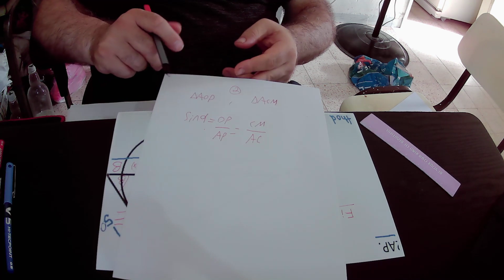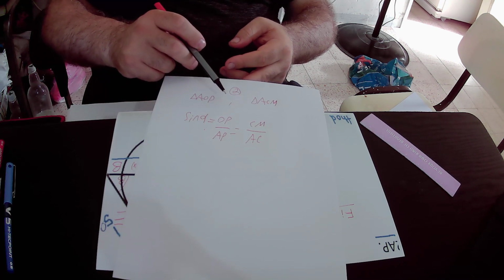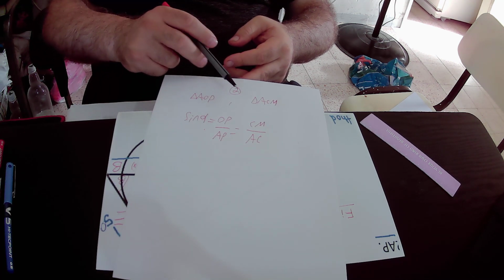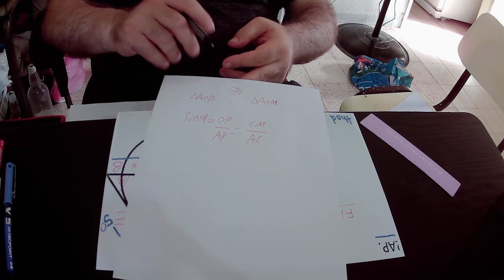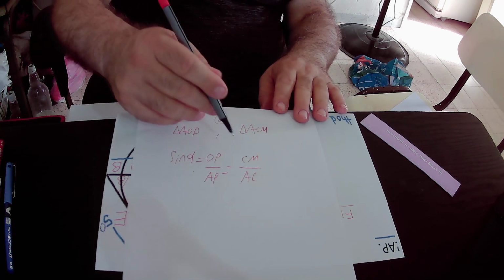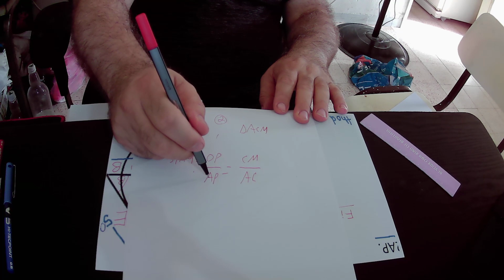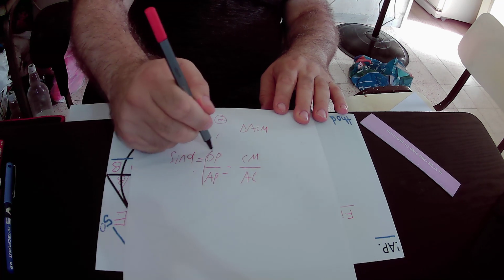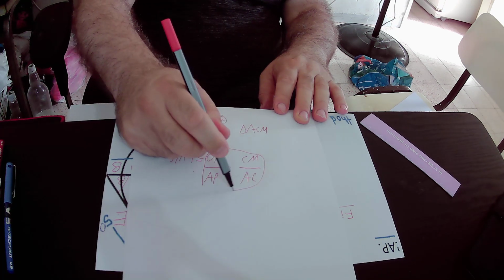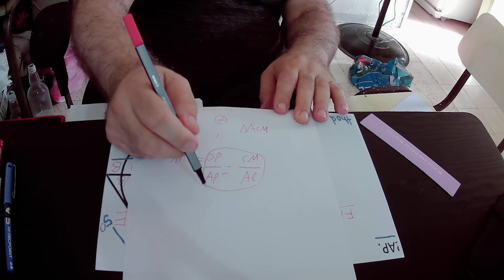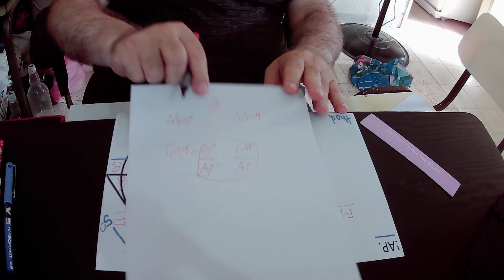So in total we got that sine alpha equals OP over AP, which equals CM over AC. Now we'll copy this equality and call it equation 1.